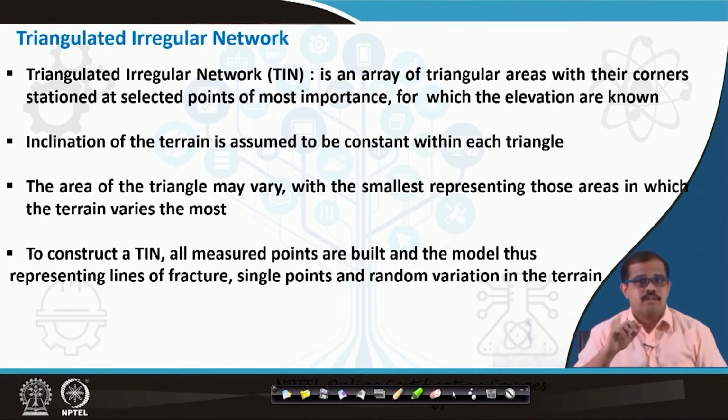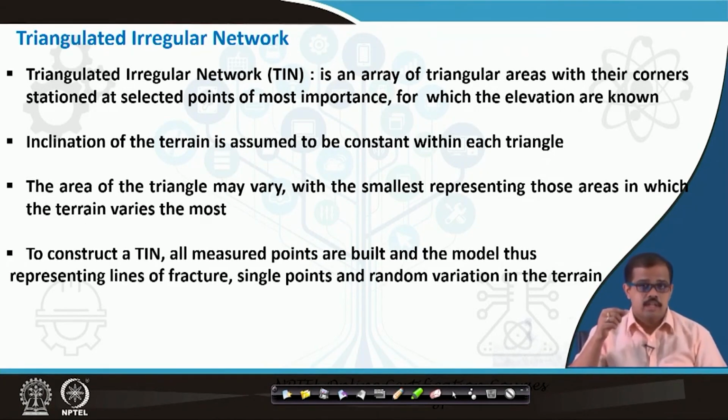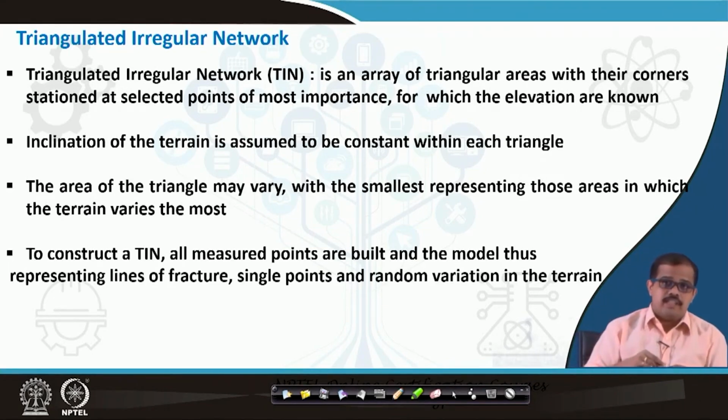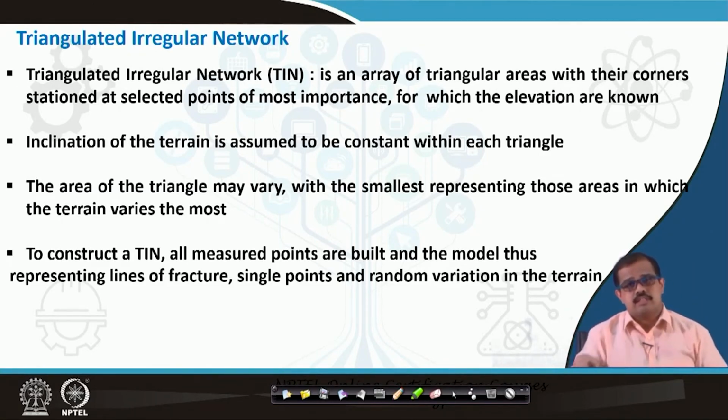When I say most important, it does not mean that it is an important place on the earth's surface. It means that where we know the values, that point on the earth's surface is selected as a nodal point. Now with this point as a nodal point, we connect the other nodal points which are known. Similarly, the triangles are built with different nodes, and finally that becomes the representation of the earth's surface.